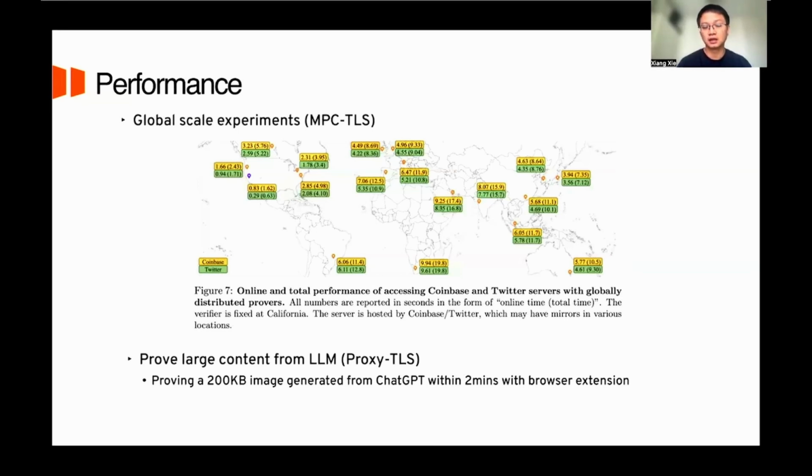And this is experimented in the browser extension, not a native machine, not mobile, not PC. So it's quite efficient. And when we deploy it to mobiles or PCs, it should be much faster. I think this is the first scheme that can prove such a large amount of content from a TLS server.